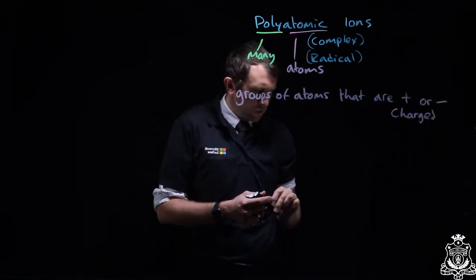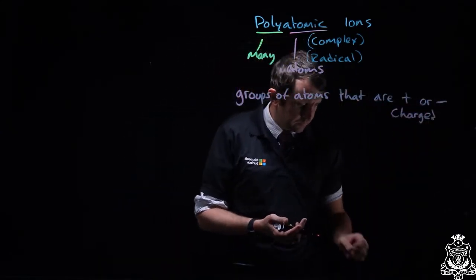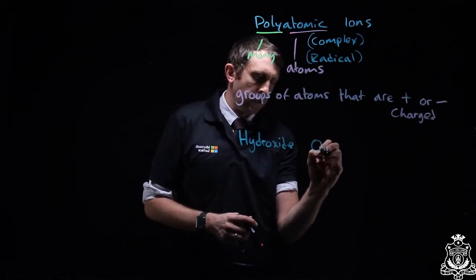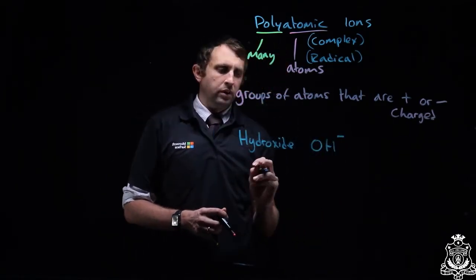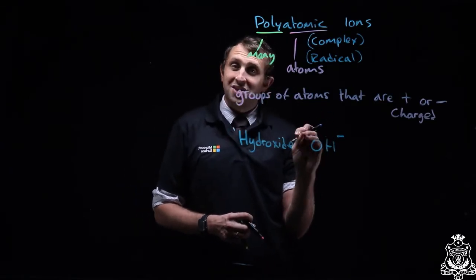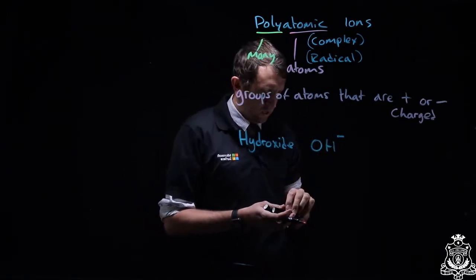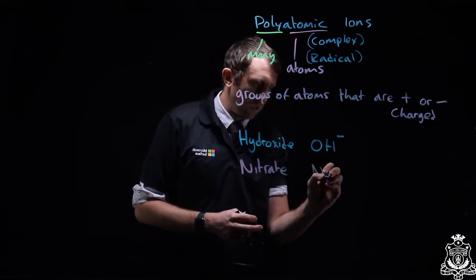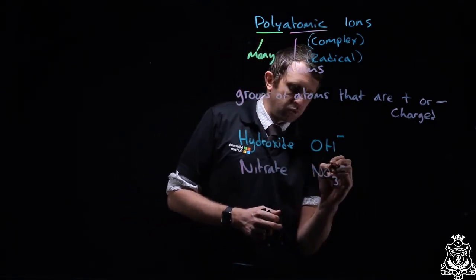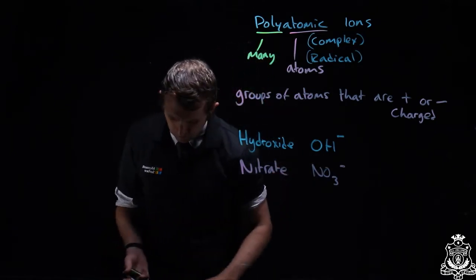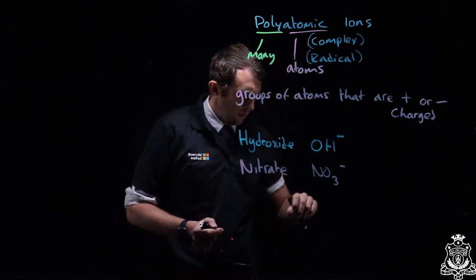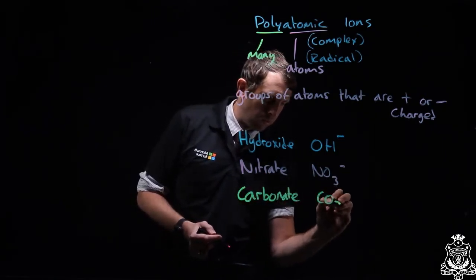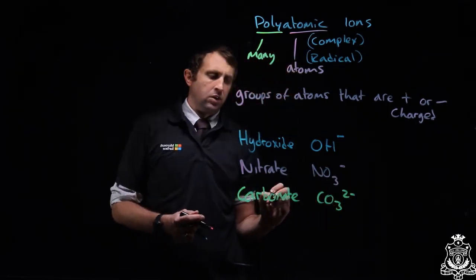Some examples of them would be hydroxide, which is OH, and they're -1, so they act together. These tend to stay together during chemical reactions. Another good example is nitrate, that's NO3 minus, so that's also negatively charged. And one more example, carbonate, that's CO3, and this time it's 2 negative.